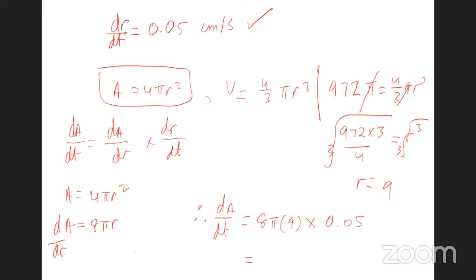How much did you get? 18 pi on 5 centimeters squared per second, or 3.6 pi, or 11.3. That's okay?